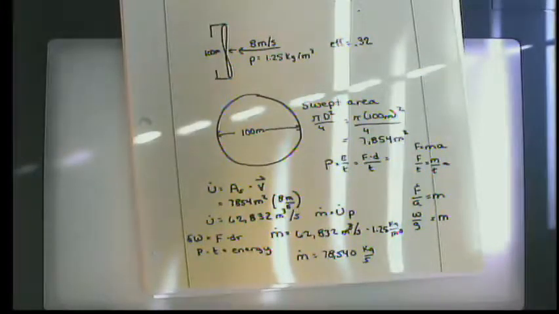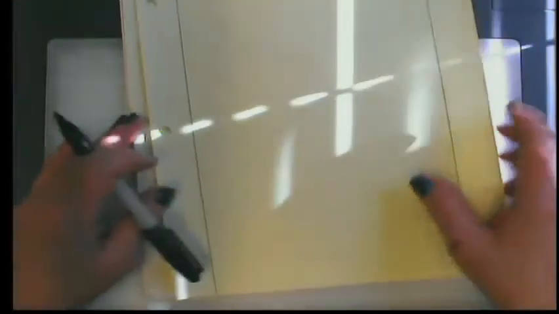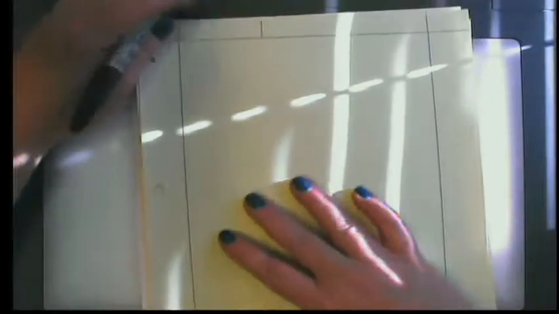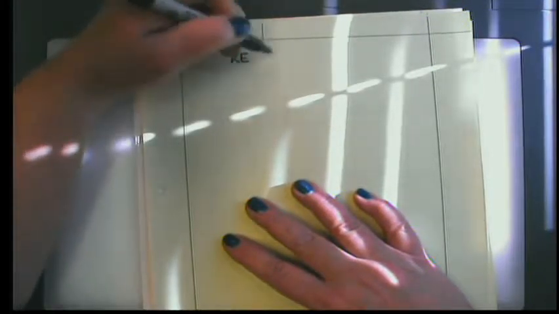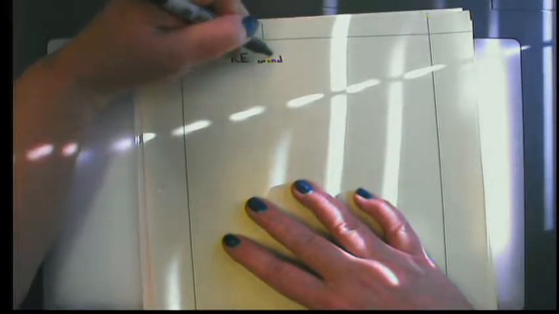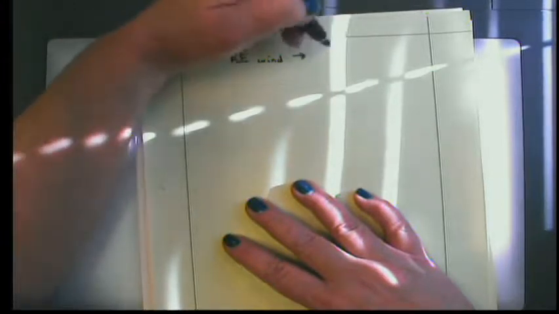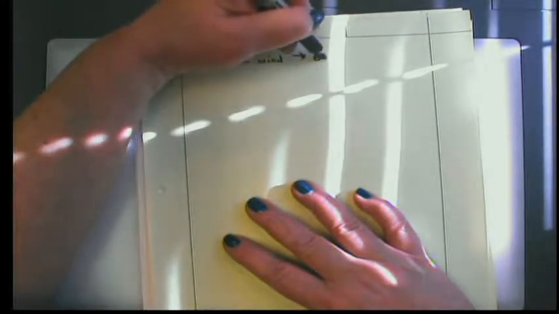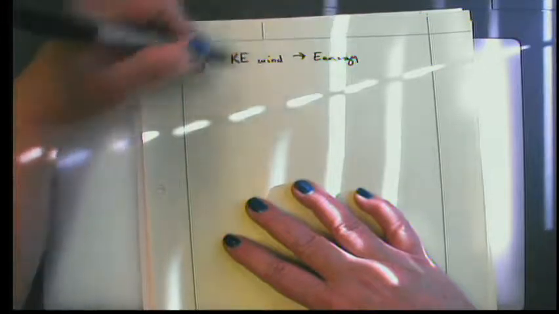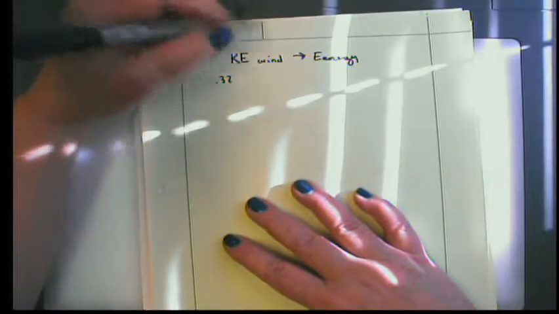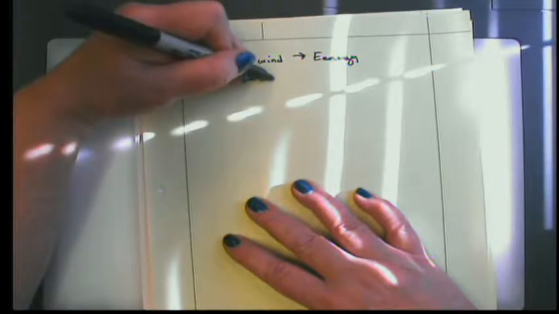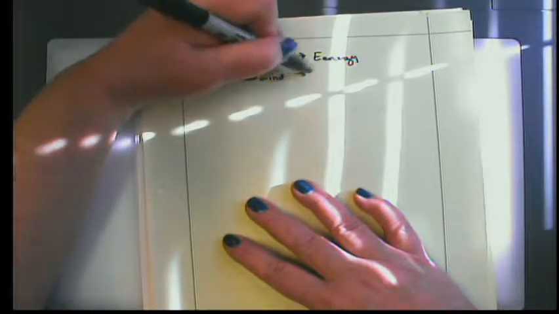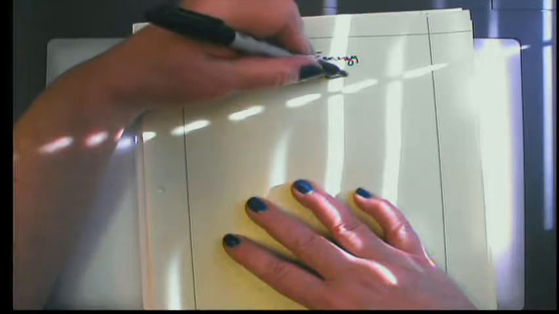Now, what we're really talking about then is if we have a kinetic energy from the wind and we convert that into an electrical energy, but only 32% of the kinetic energy from the wind, because that efficiency, becomes electrical energy.